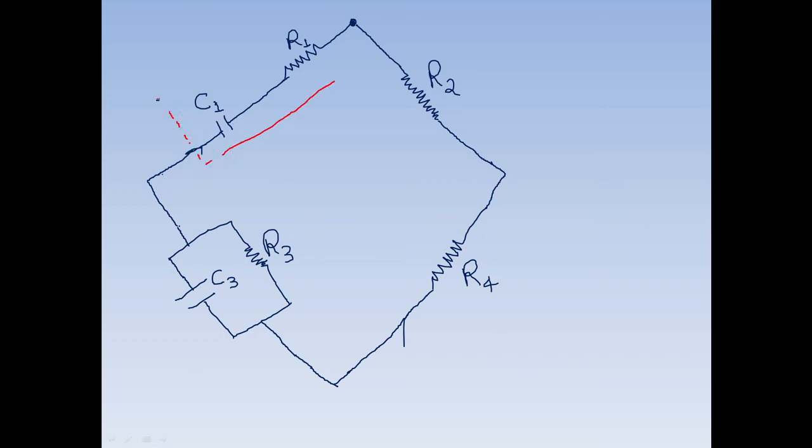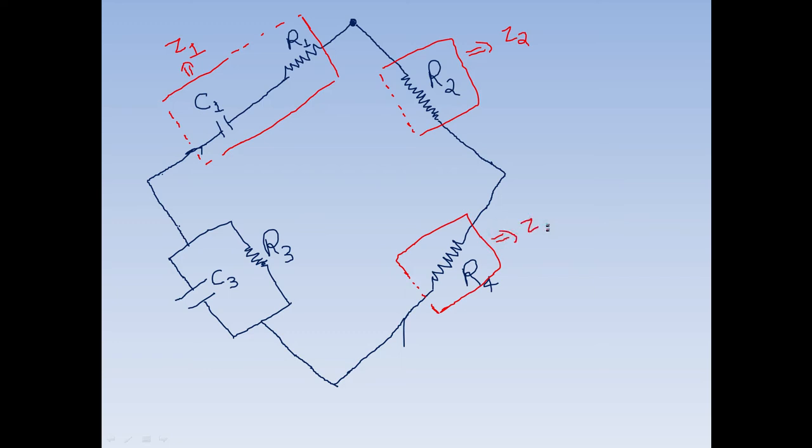This whole circuitry is known as impedance Z1, this is impedance Z2, this whole circuitry is another impedance Z4, and this is impedance Z3.